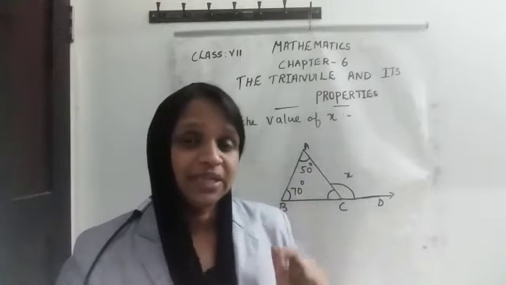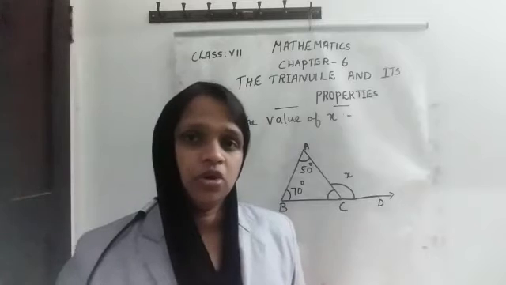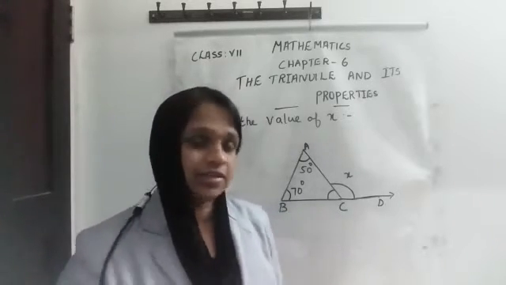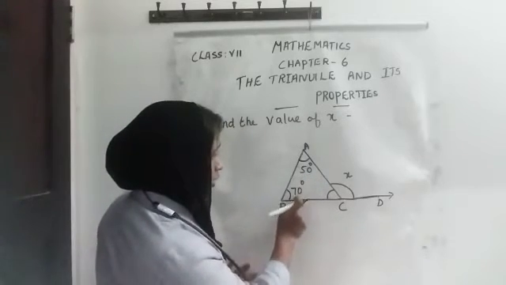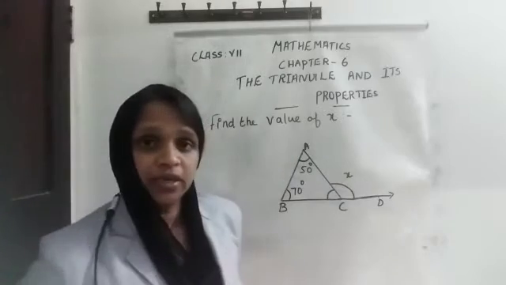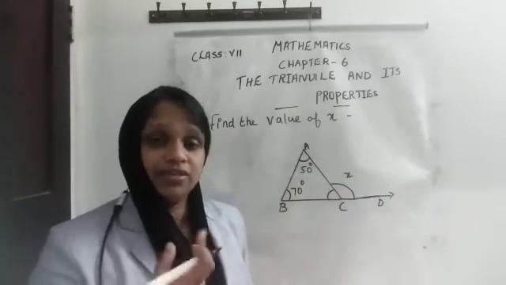So we can apply the exterior angle theorem, that is, the exterior angle is equal to the sum of interior opposite angles. That means see, these two are interior angles and they are also opposite to this angle x. So we can apply the exterior angle theorem.